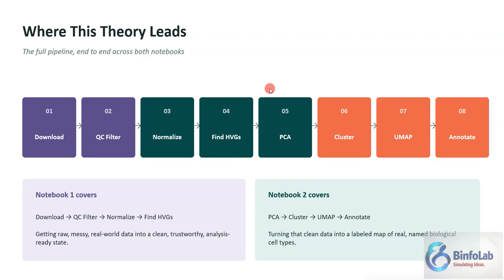So let me mention that in this demonstration, I will start from the download, the QC filter, the normalization, and finding HVGs. HVGs means highly variable genes. Then we will perform PCA, then clustering, then UMAP, and finally we will annotate.